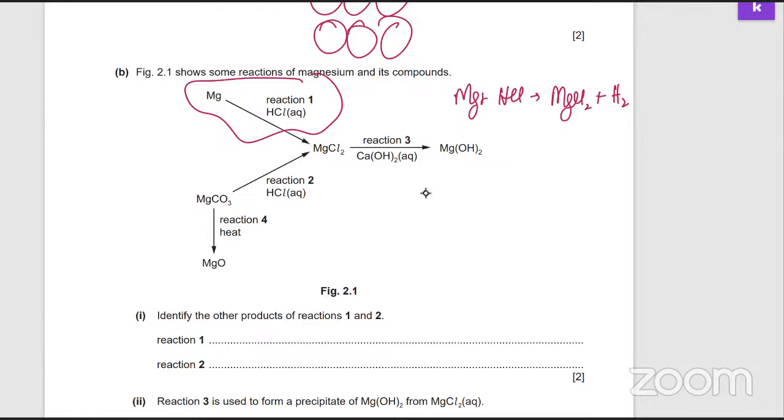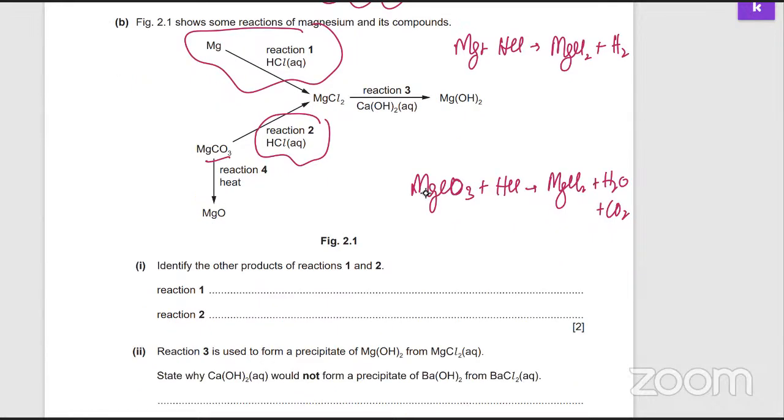What's reaction number 2? MgCO3 with HCl. What would that produce? Sir, salt plus water plus carbon dioxide. So the other products are H2 gas, and water and carbon dioxide.